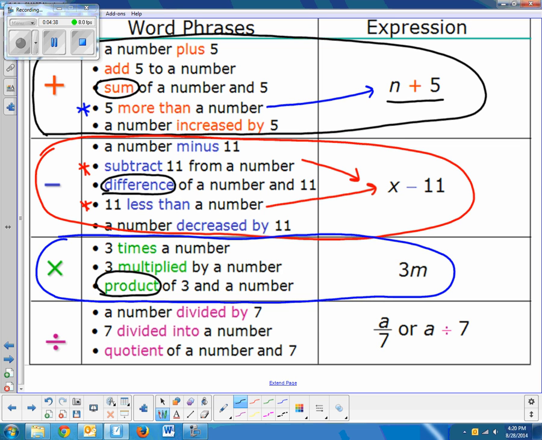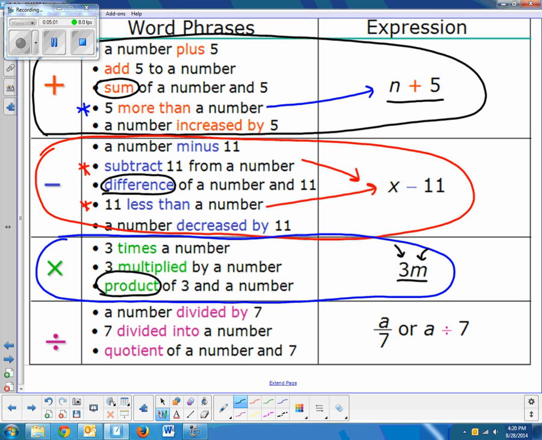You'll notice in the expression column, 3m, there is no multiplication symbol in between those two. When you have a coefficient and a variable right next to each other with nothing in between, it's always going to mean multiplication. So 3m with nothing in between, multiplication.